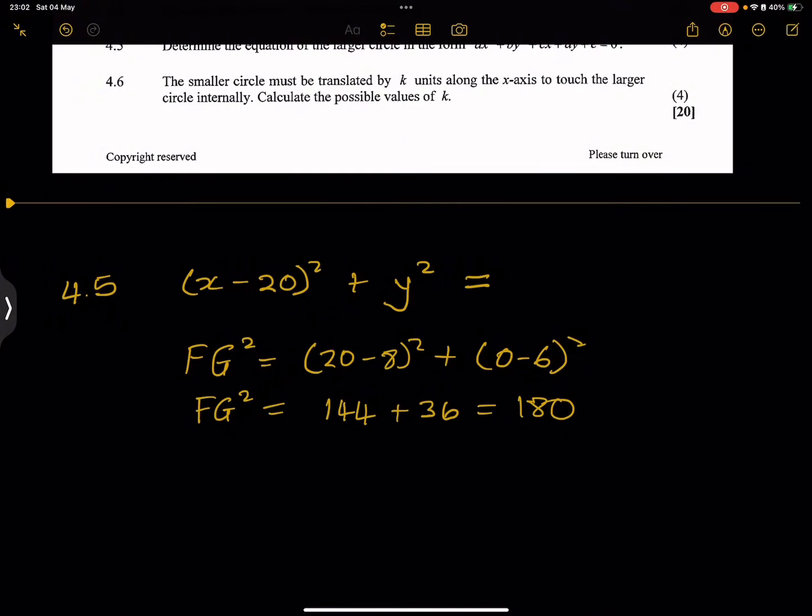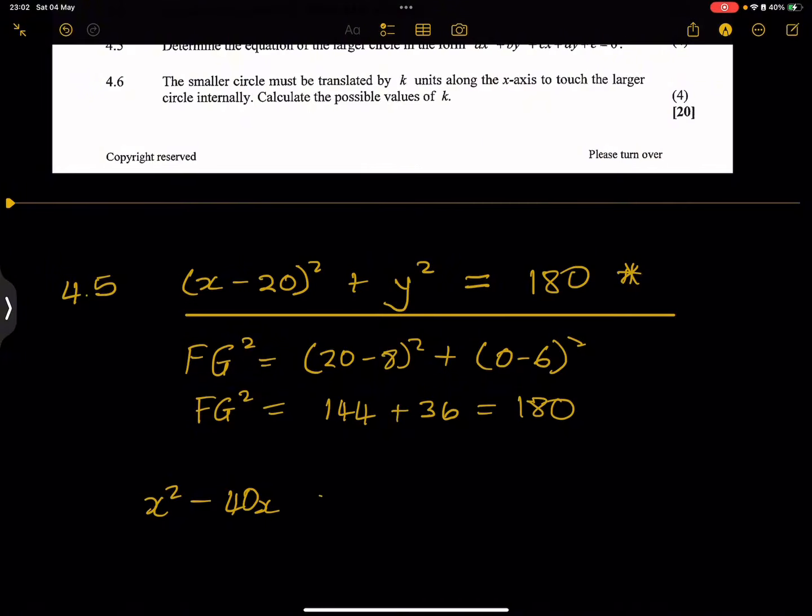So the equation of the big circle would be x minus 20 squared plus y minus 0 squared, or y squared, and this will be equal to 180. But remember, we always say the radius squared. Now we need to simplify this equation, so this is going to be x squared minus 40x plus 400 plus y squared minus 180, and this is equal to 0.